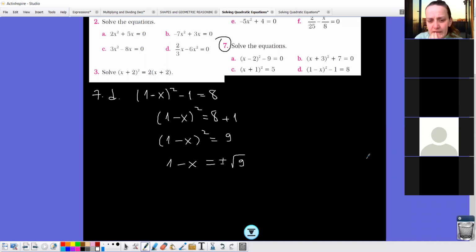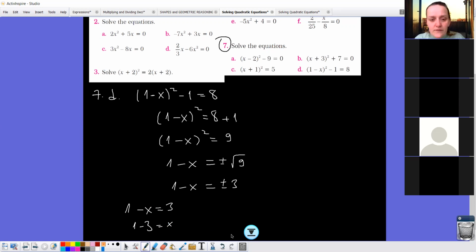Yes, we took the square root. Now I will have 1 minus x is equal to plus or minus 3. For the first solution, I will take the positive one: 1 minus x is equal to 3. Then x on one side, 3 on the other: 1 minus 3 is equal to x.